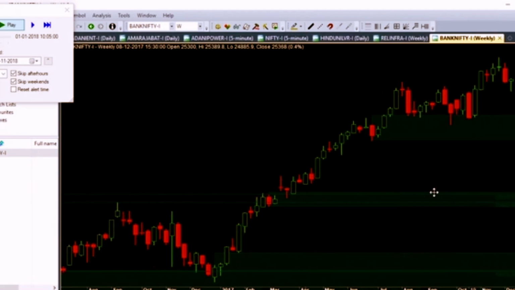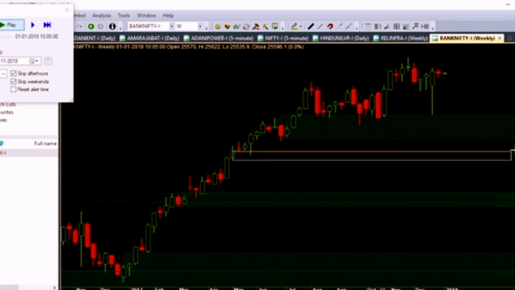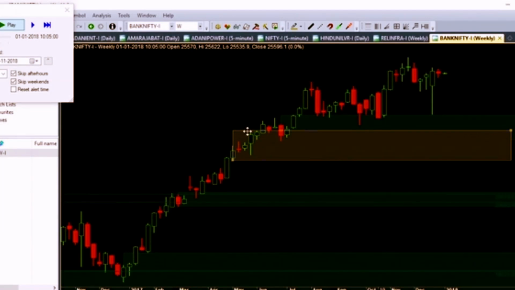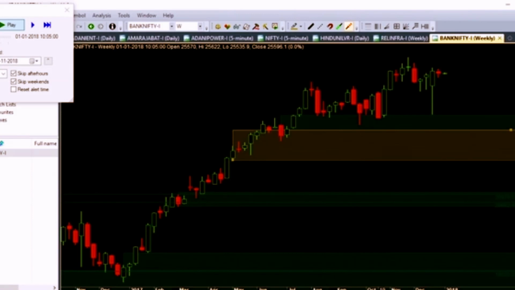So once I come back, look at this. This whole thing is a base. This whole thing. This whole thing is a base. Because we have 1, 2, 3, 4, 5, almost 5 bases.